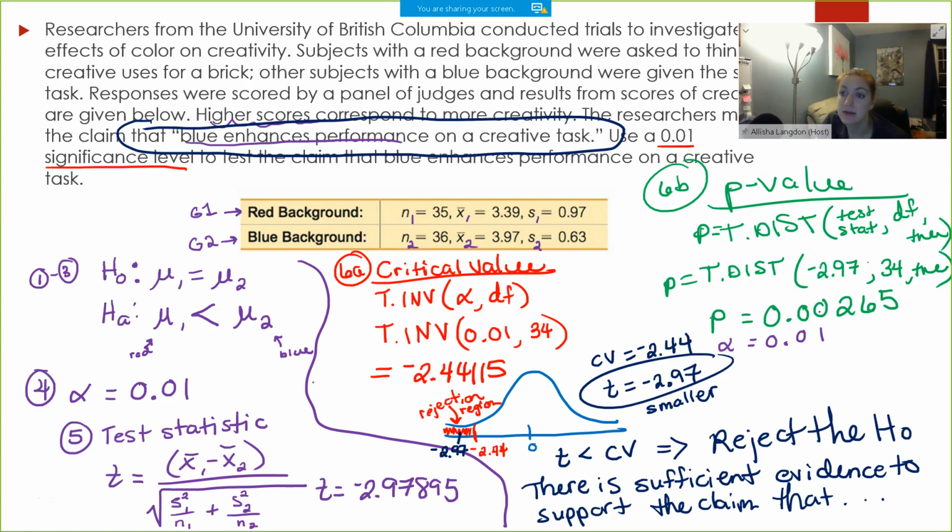It has a 1, which is larger than a 0, meaning that alpha is larger. So p is less than alpha. So p is low, the H0 has got to go. You make that same conclusion where we reject the null hypothesis, and we support the claim that blue enhances performance on a creative task.